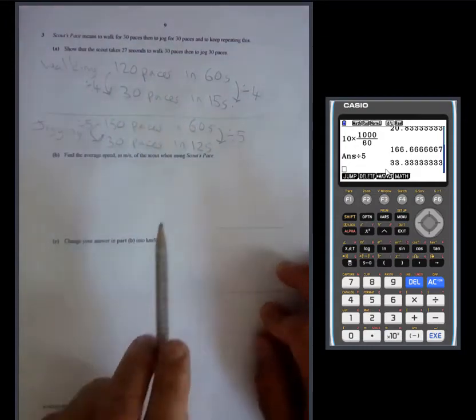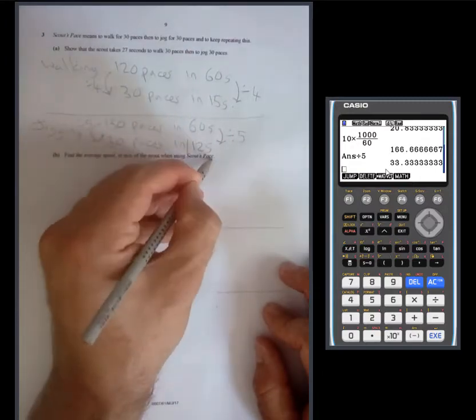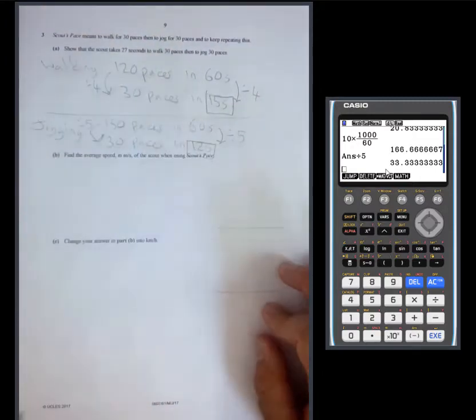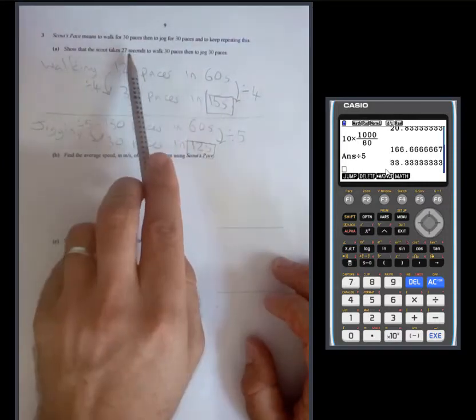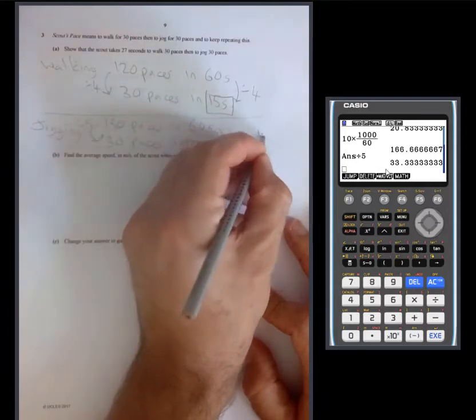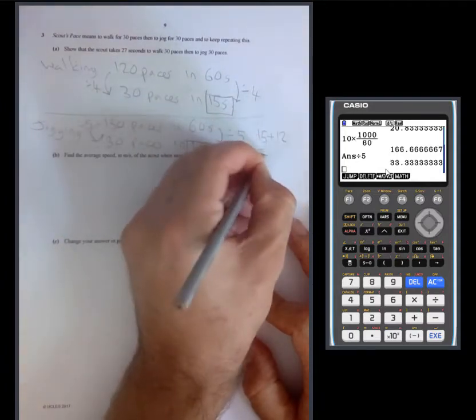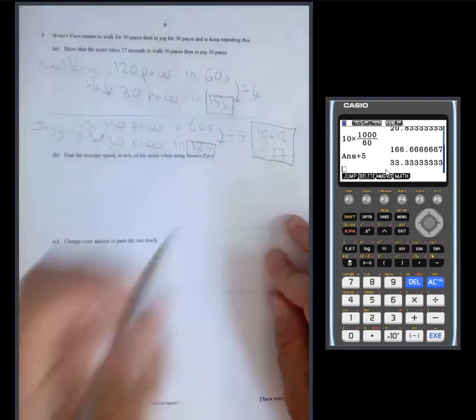So that takes 12 seconds to jog 30 paces, 15 seconds to walk 30 paces. So to walk 30 and then to jog is the 27, but we need to show it. So I'm just going to write 15 plus 12 equals 27. There we go. Put it in the box just so it's clear.